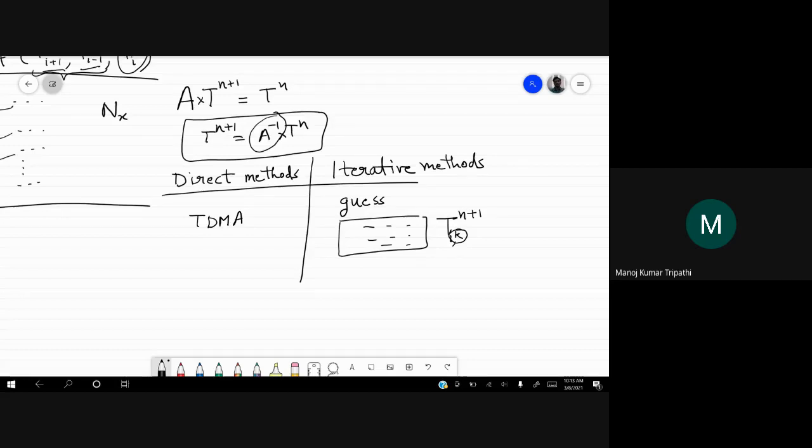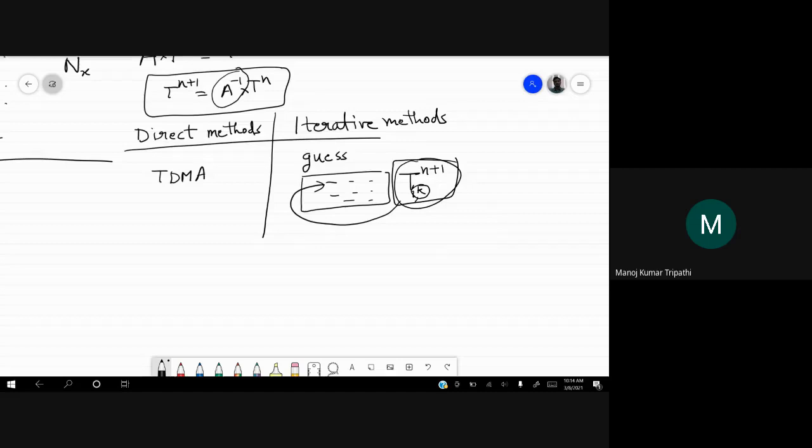This is the solution, let's say intermediate, and then again you put this solution in this process, and gradually you change the values of these variables at every iteration, and this process is such that it guarantees that you are going to converge towards your final solution.